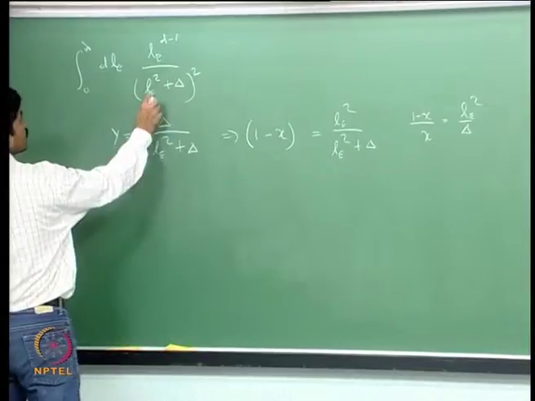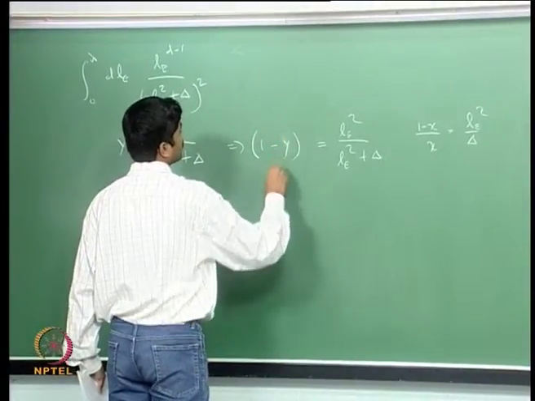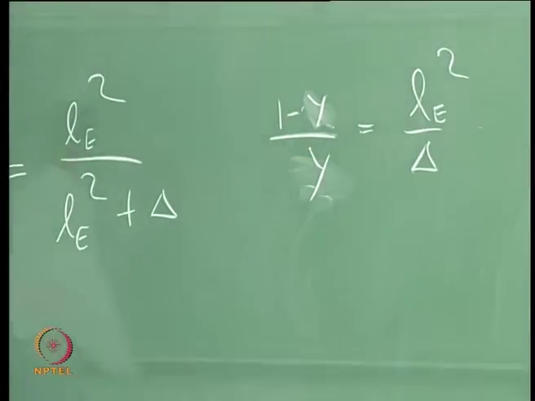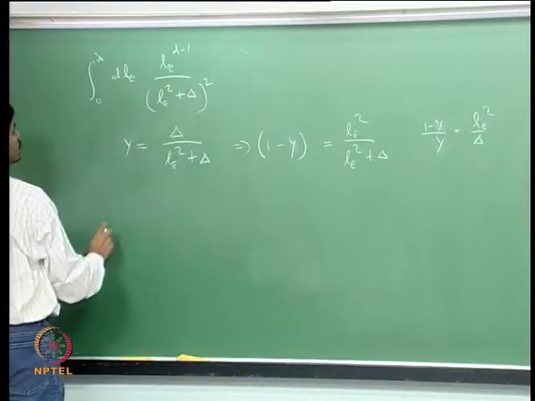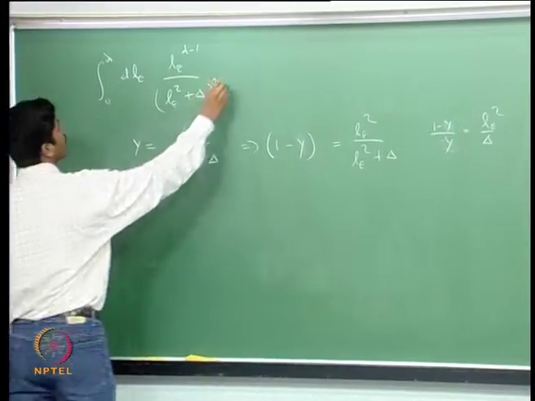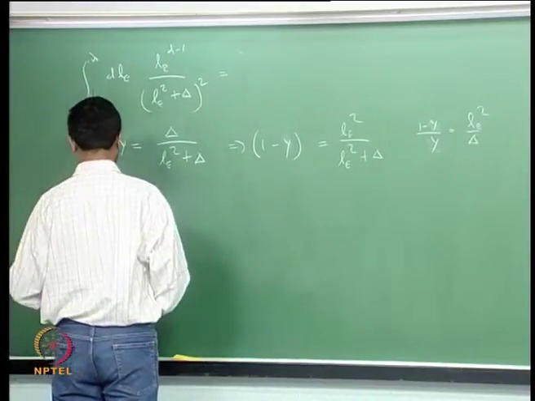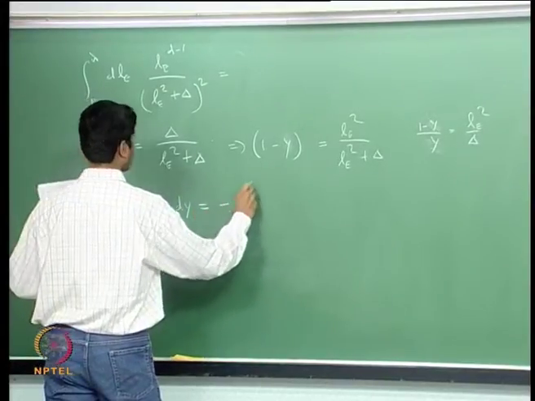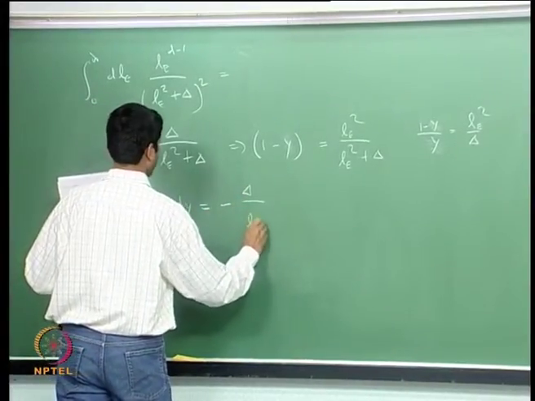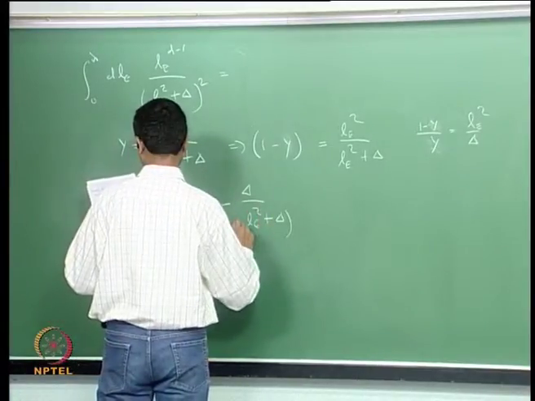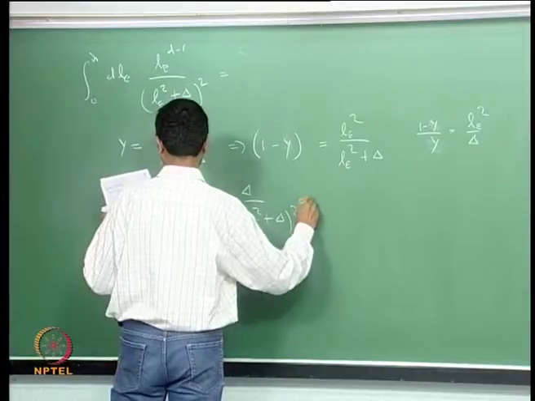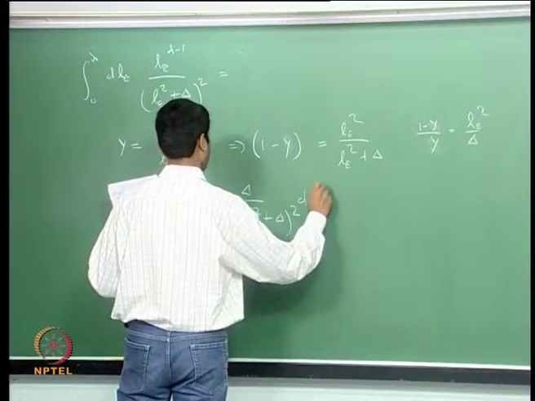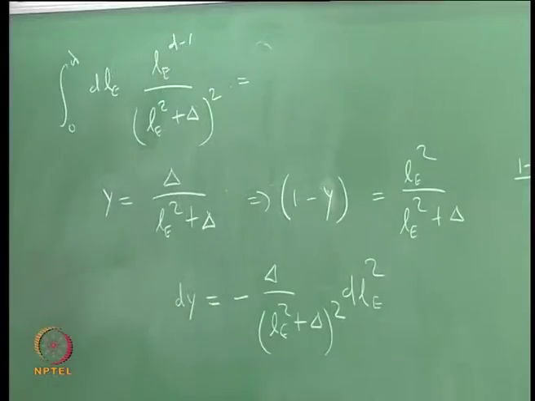So I know what this quantity here is, and finally, dy is minus delta divided by (L_E square plus delta) whole square dL_E square. That is what I get.